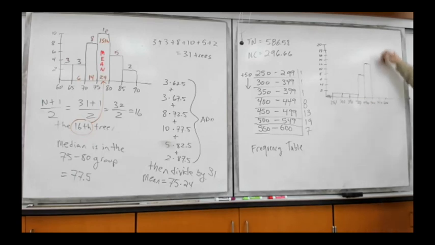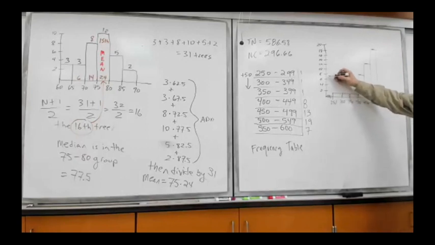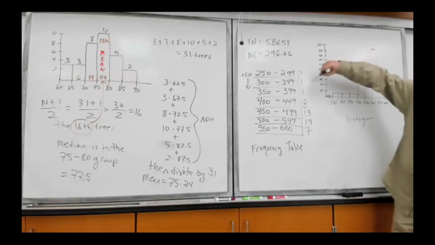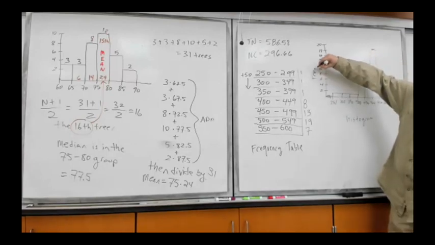And then we got the 19, and that would be right about here. And then we got the 7, and that would be right about there. And so this is the histogram. And this would be the frequencies.